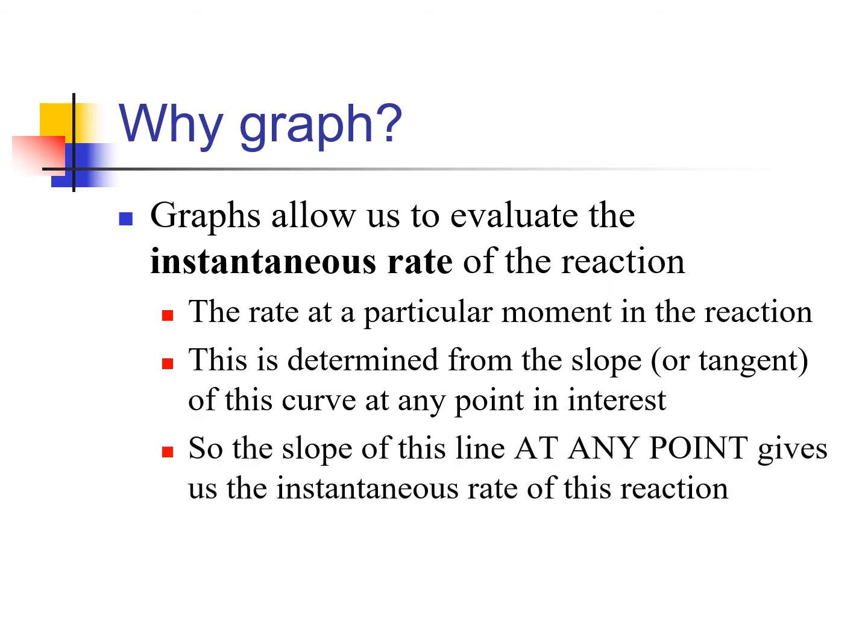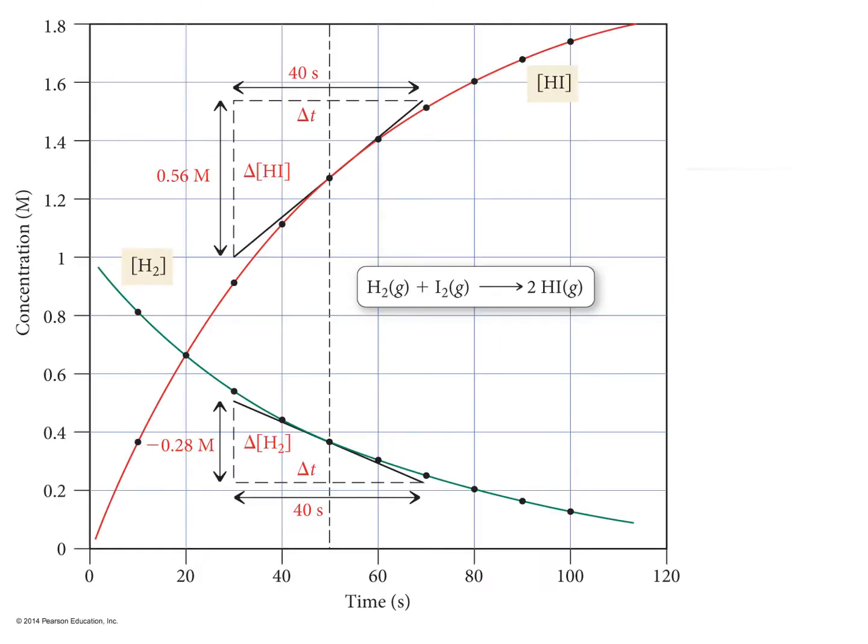So, if we can find the slope of our line at any point, that will give us the instantaneous rate of that reaction. Here I have two examples. I have this reaction here, hydrogen plus iodine gives me hydrogen iodide.